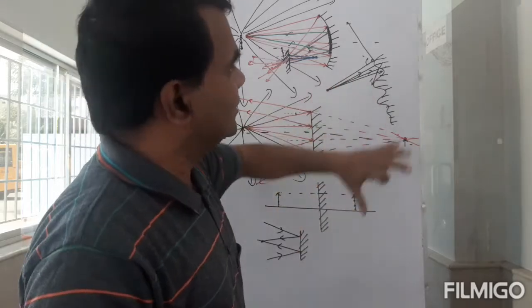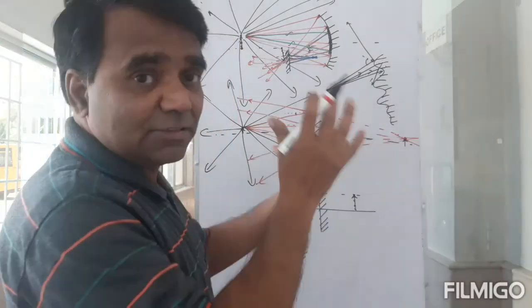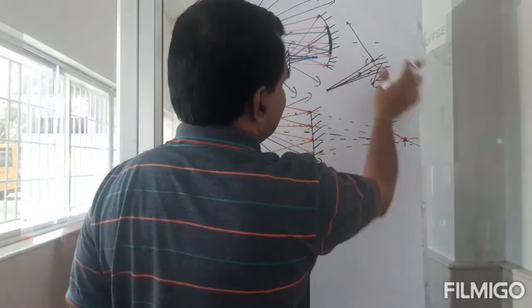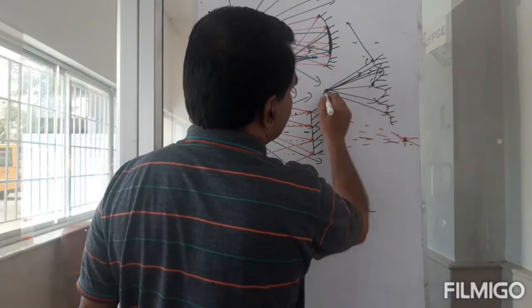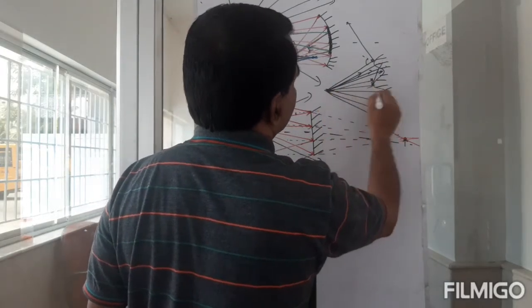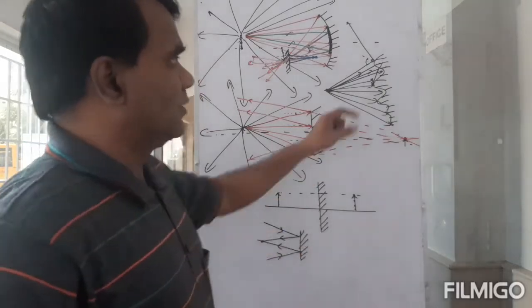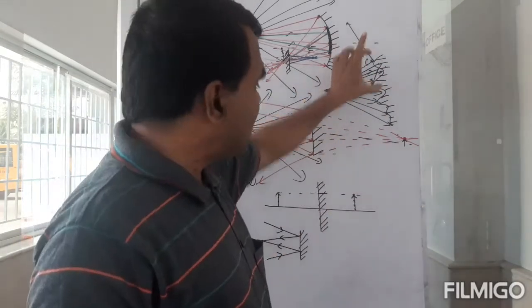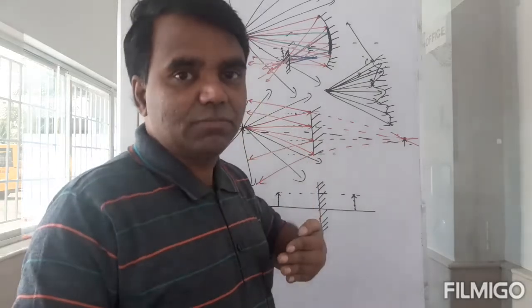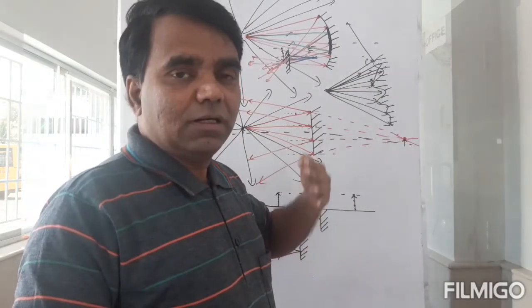So all these complicated things could happen, but all the rays that go from here have to obey the simple law of reflection. So this may result in you getting many real images.